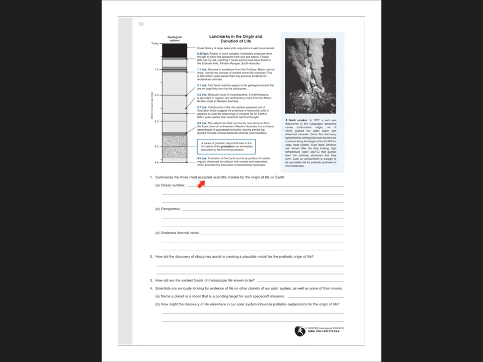All right, summarize the most accepted scientific models in origin of life. You should be able to summarize those from the previous page. How did the discovery of ribozymes assist in creating a plausible model for prebiotic origin of life? Remember, ribozymes are RNA molecules that act as enzymes, right?